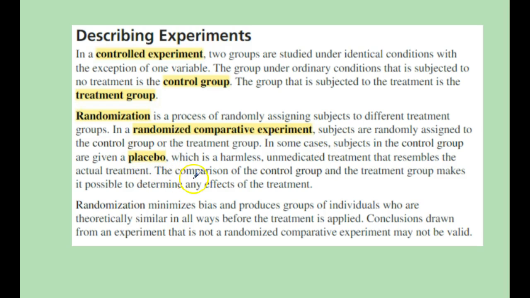I can compare this placebo with the actual treatment group, so it can help me make determinations on the effects of the treatment. And remember from our last section, I always want to randomize my groups and where my people in treatments go, because that will minimize the bias and make it an actual valid study.